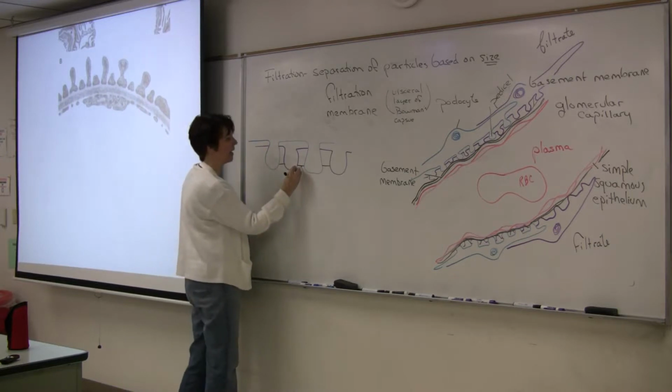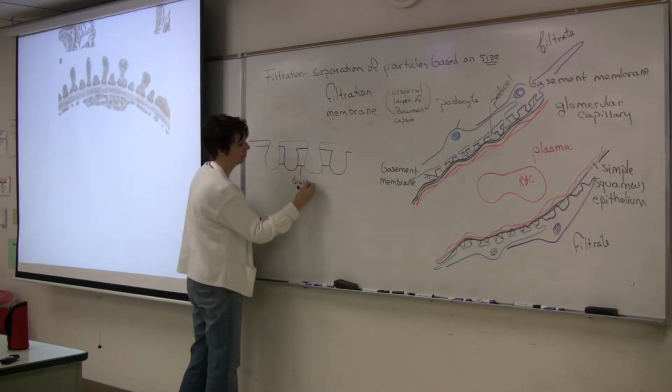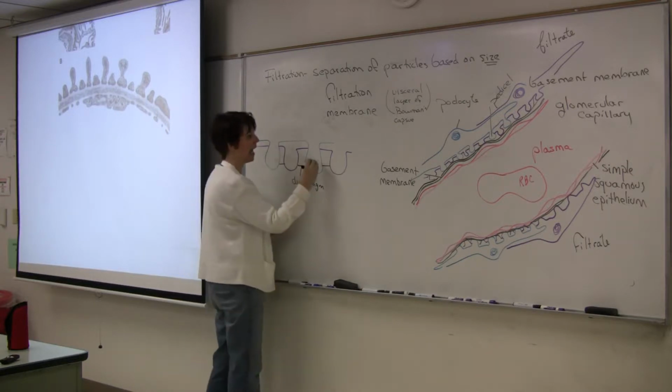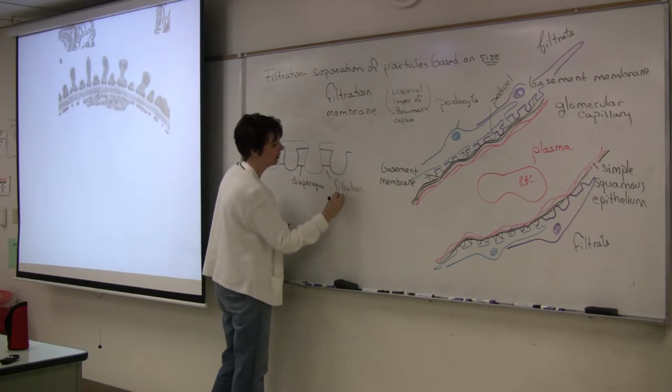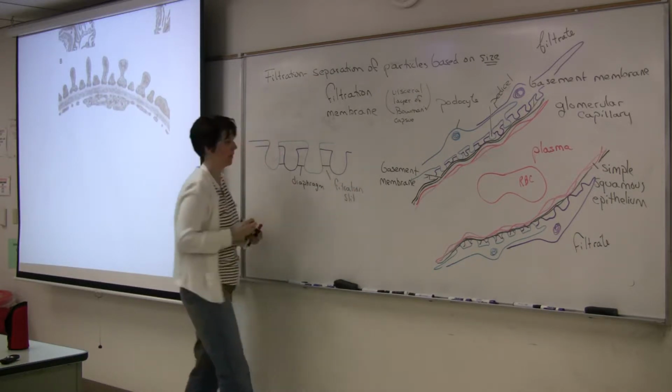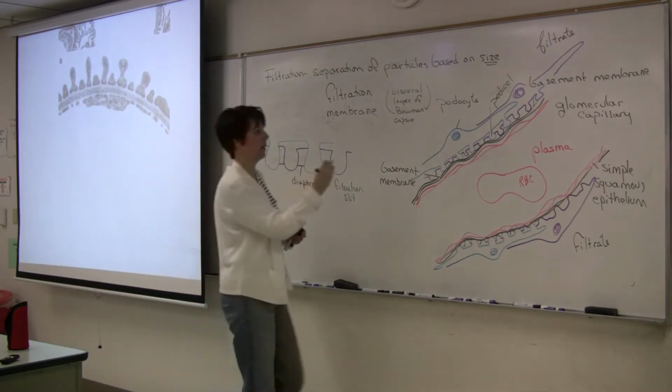So this is known as a diaphragm. But the gap itself is known as a filtration or glomerular slit. So that's what we have here.